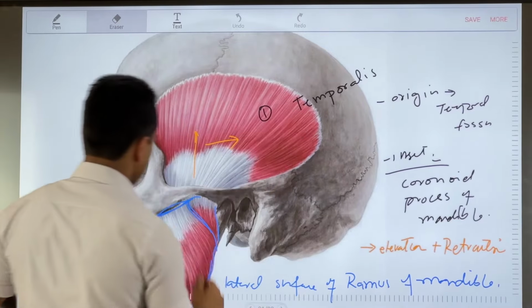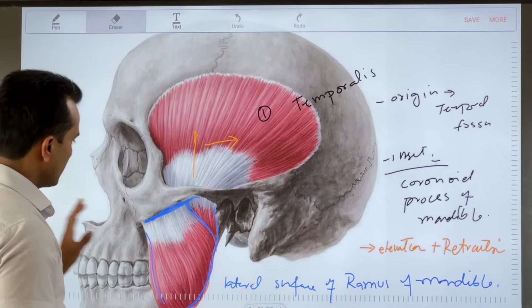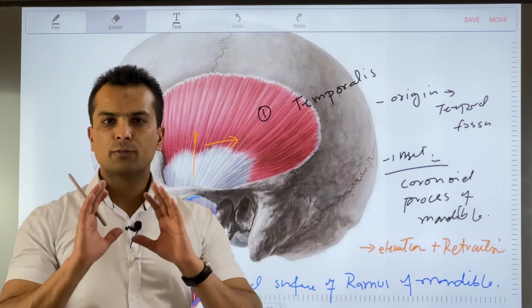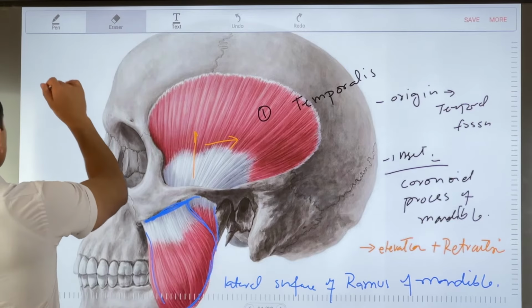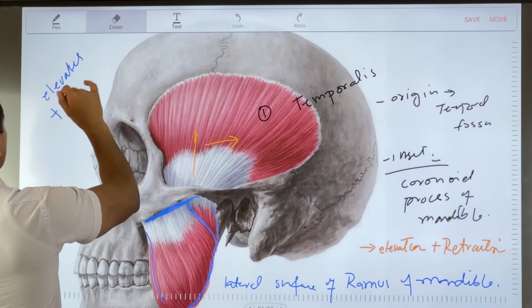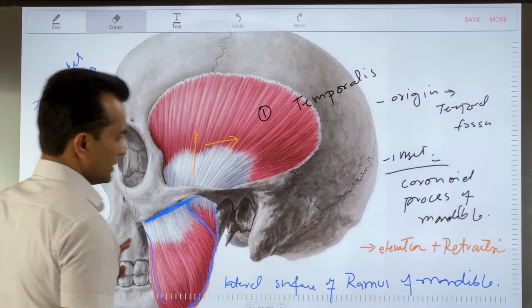So this masseter muscle originates from the zygomatic arch. This is the zygomatic bone, and the function of the masseter muscle is elevation and protraction. It elevates and protracts the mandible.